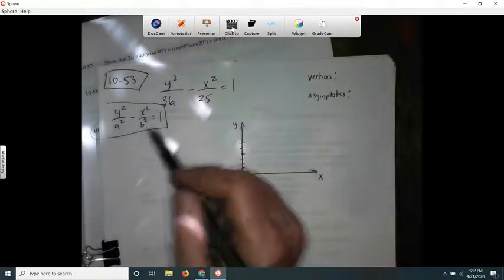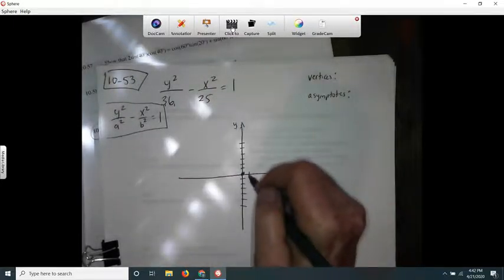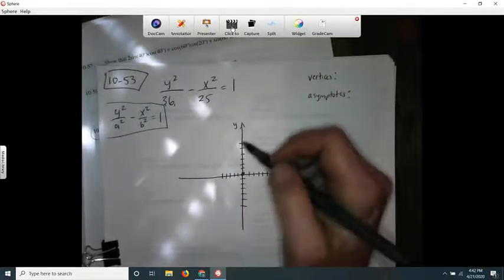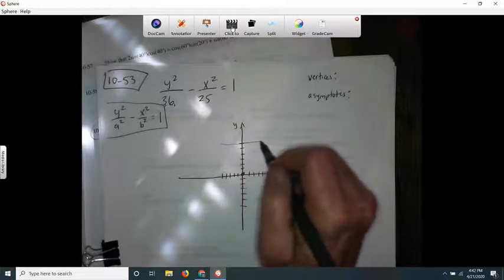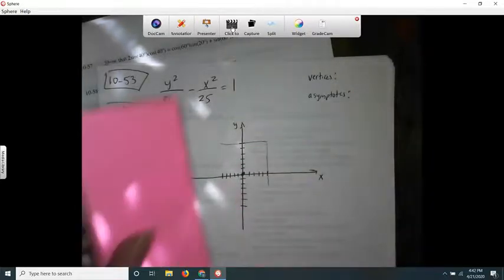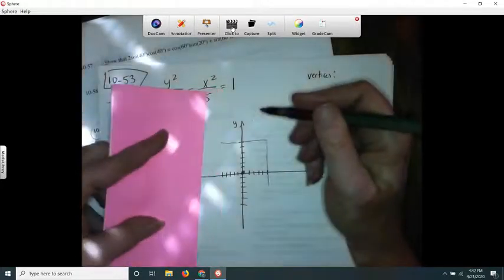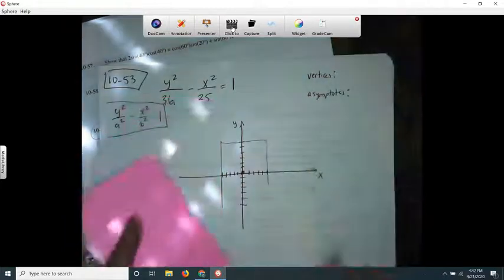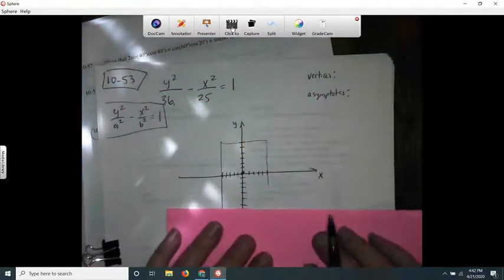So I'm going to go 5. And I'm going to try to sketch a box. Of course, I don't have a straight edge. Oh, I think the straight edge made it worse.